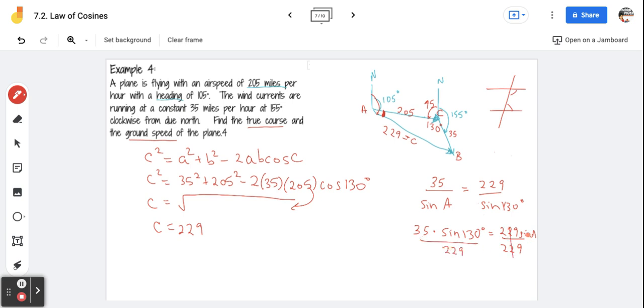So I'm going to have sine of A, and to find angle A I'm going to have to inverse sine both sides. So the inverse sine of all this is what angle A is. Let me go to my calculator now.